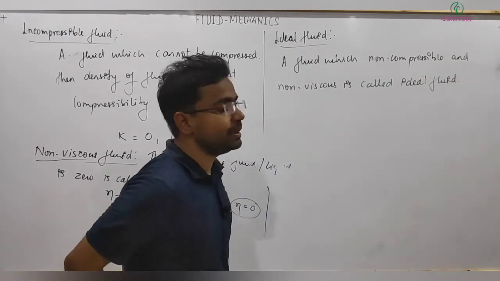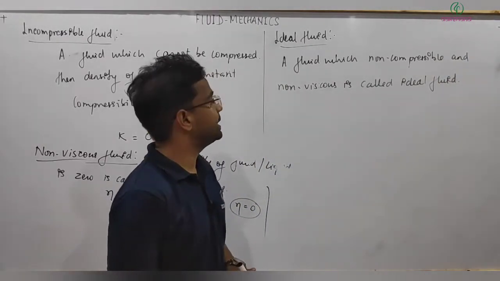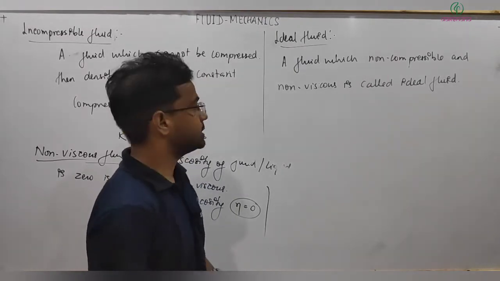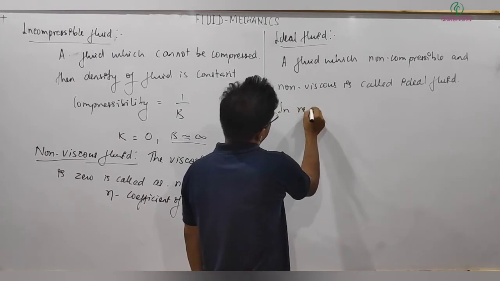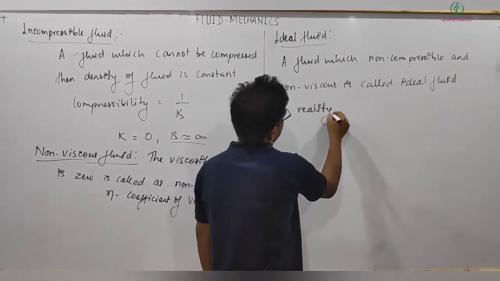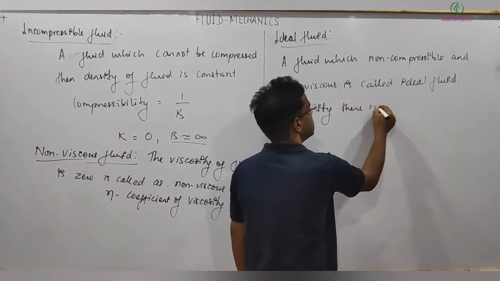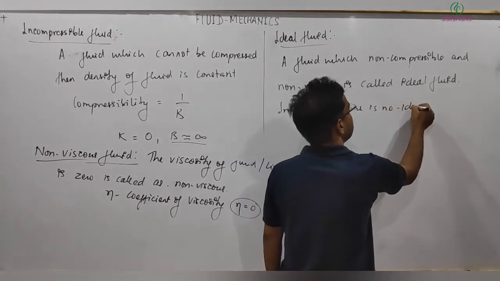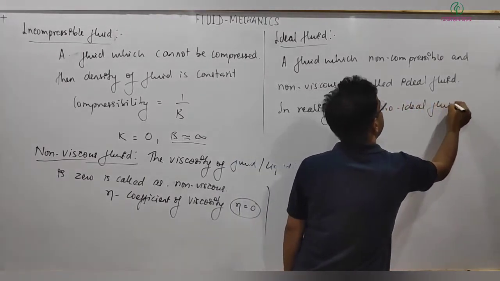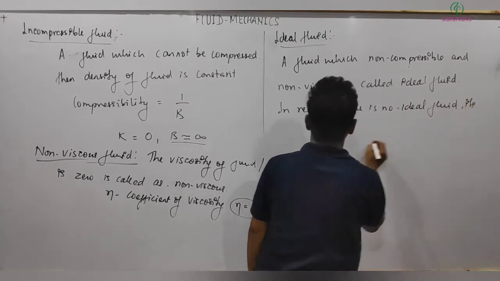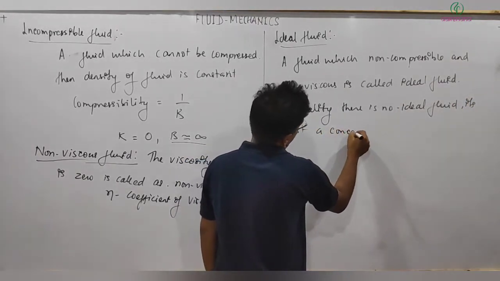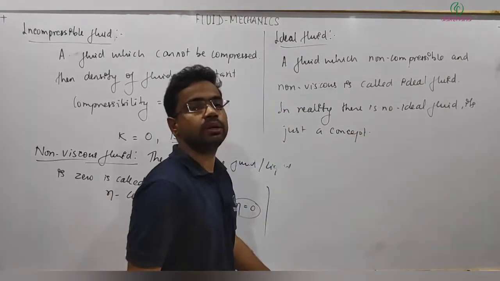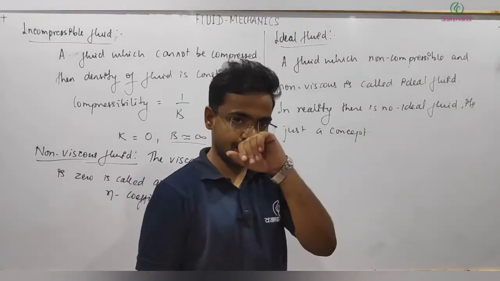So ideal fluid means a fluid which is non-compressible and non-viscous. In reality, there is no ideal fluid. It's just a concept, right? So practically, there doesn't exist any ideal fluid.